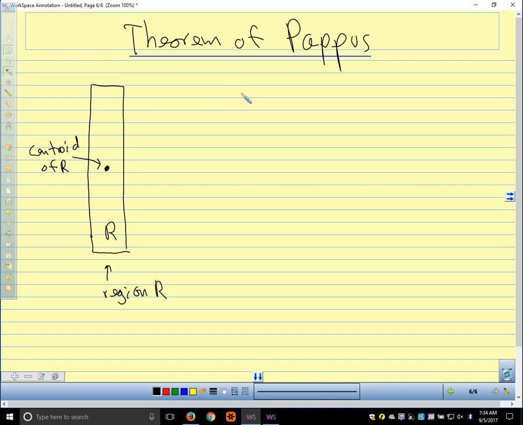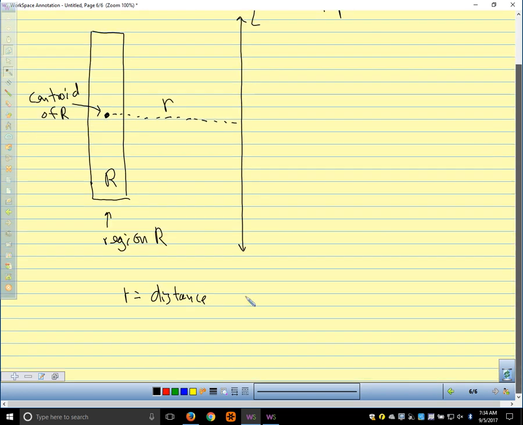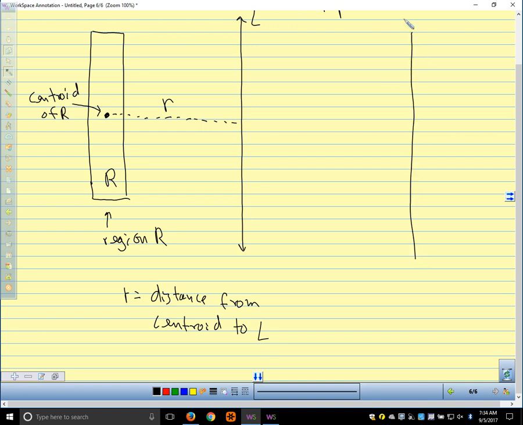And we're going to rotate this region about some line. And r is the distance from the centroid of the region to the line. And what we're going to do is rotate this region about the line and generate a solid of revolution. So for this particular one, I'm just going to draw another picture here.